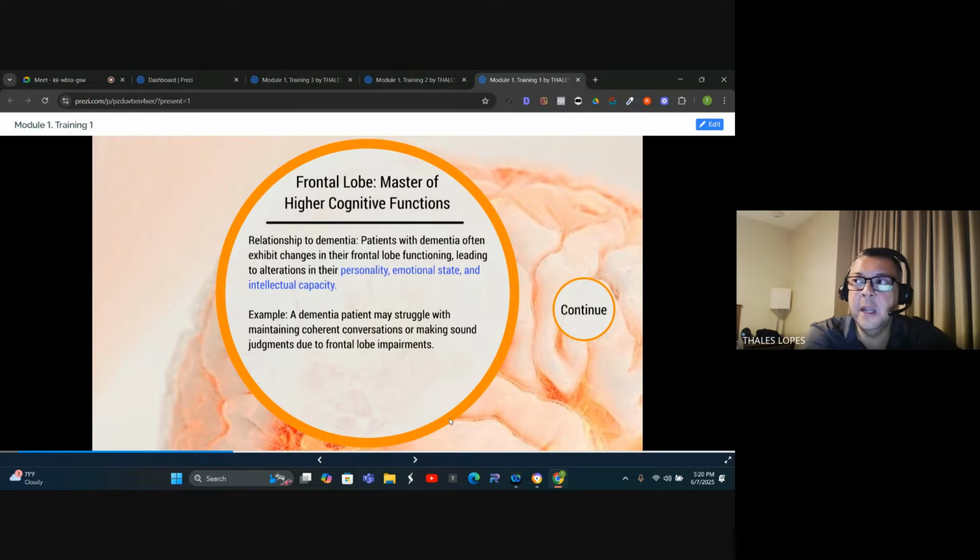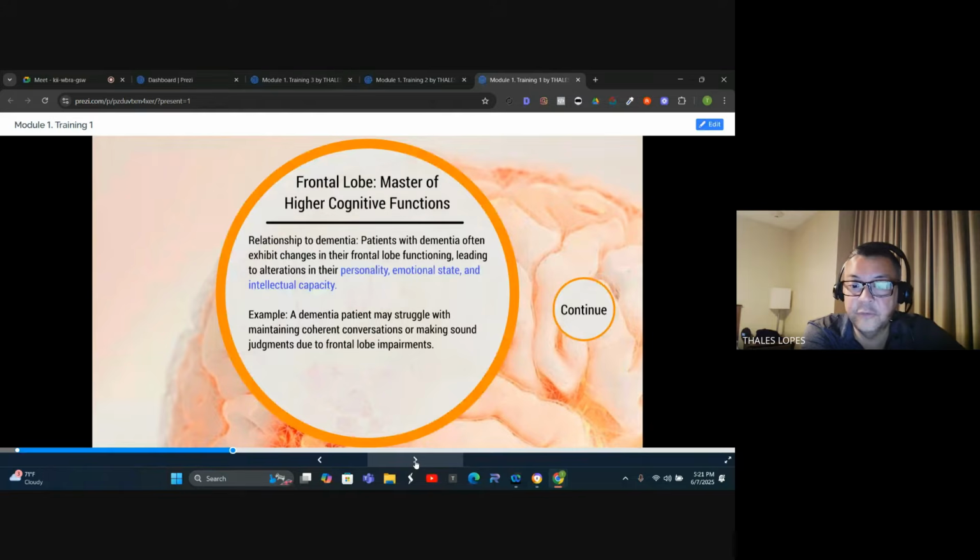Now, if you think about schizophrenia, what's the hallmark of schizophrenia in regards to those functions mentioned? What do they usually not have or have trouble with? Abstract thinking, right? So also part of the lobe that is high yield.